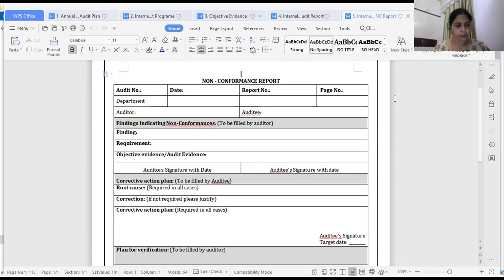Here I would like to take one example, a case which happened with me. The principal of the department has to provide all the documents, and the principal's availability during the audit is very much necessary. This we will mention in the program itself.